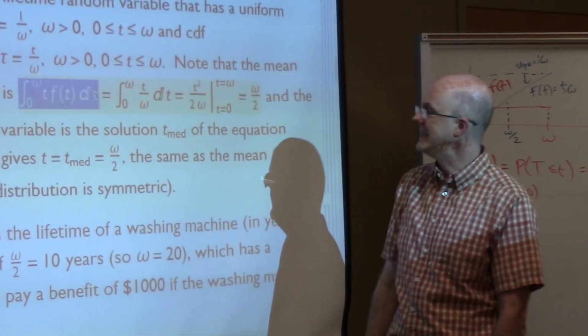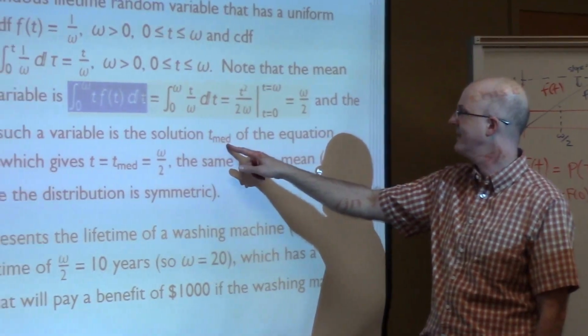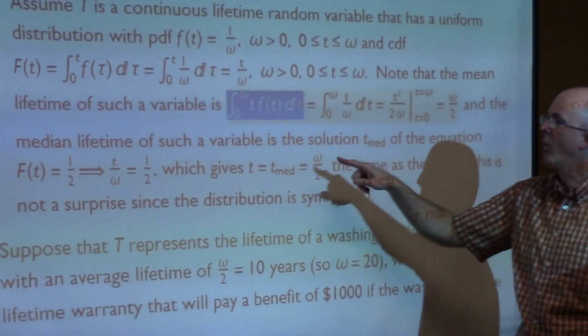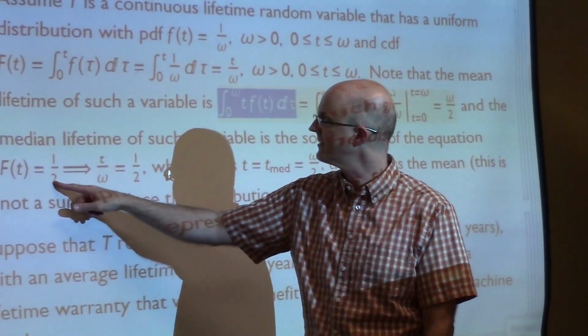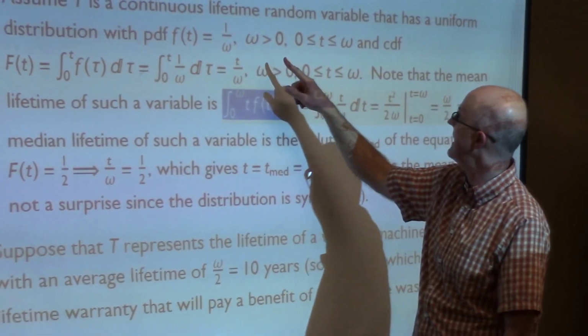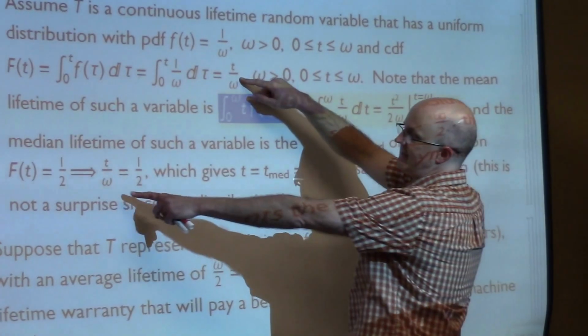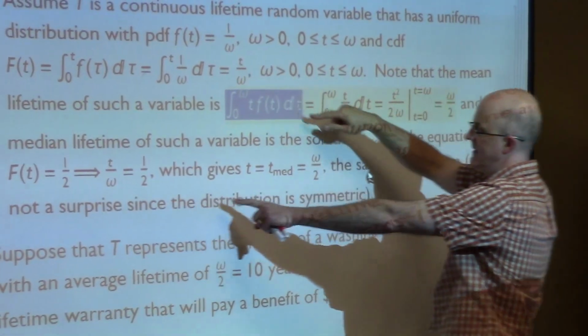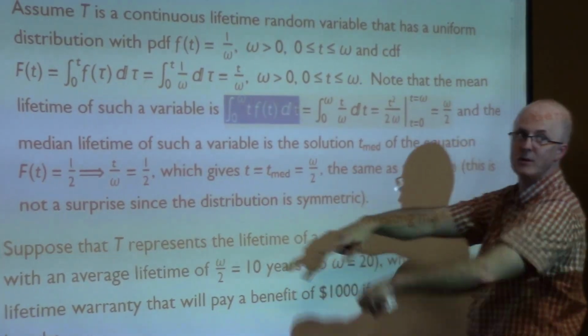How about the median? It's time t med. This is not standard notation, by the way. It's the time where the CDF equals 1/2. The formula for the CDF is that. So set t over omega equal to 1/2 and solve for t. You get omega over 2 when you multiply both sides of this by omega.